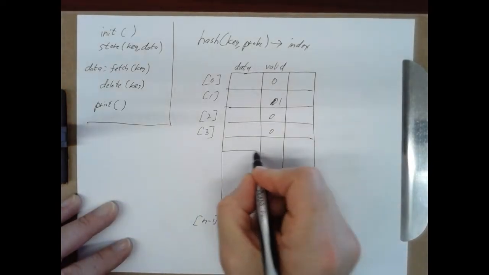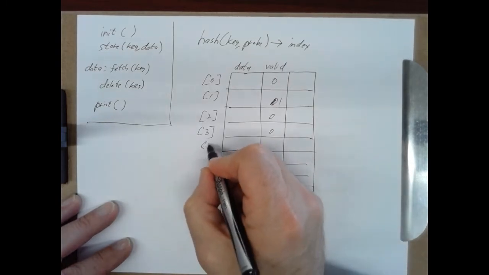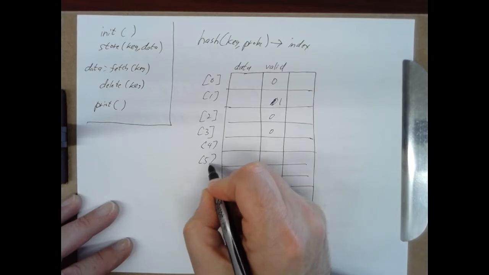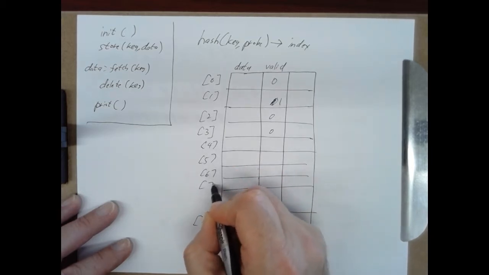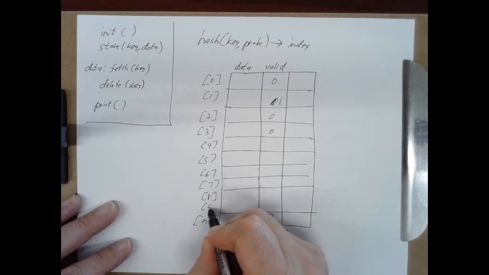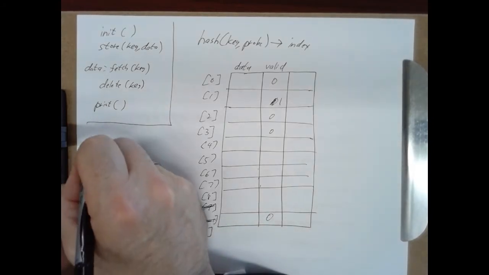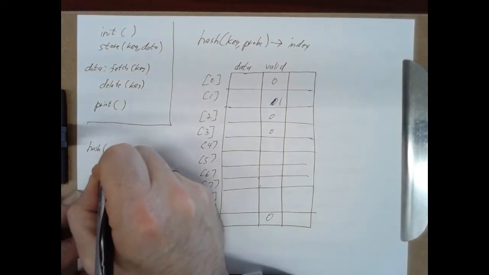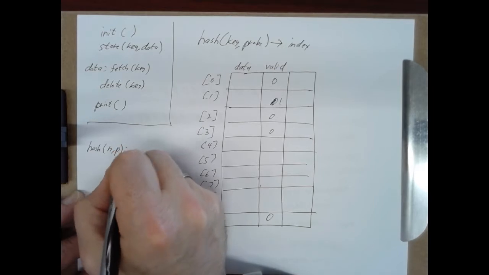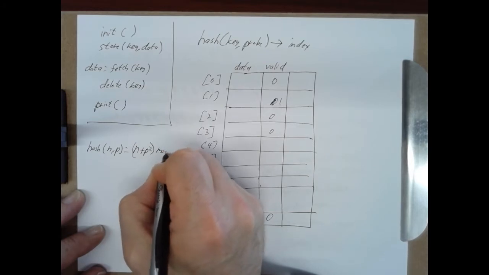So let's use a really rudimentary hash function. So hash of n comma p is just going to be n plus p squared mod 10.